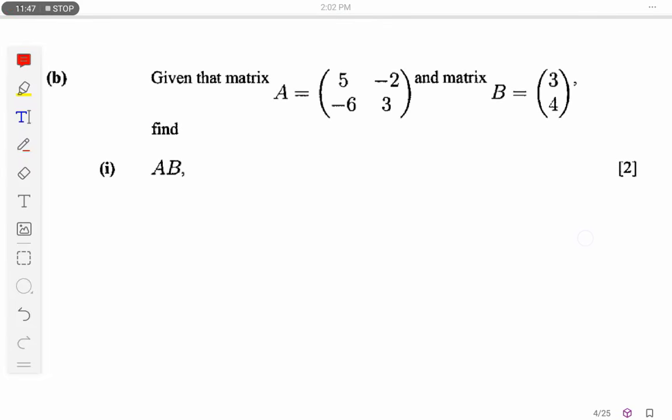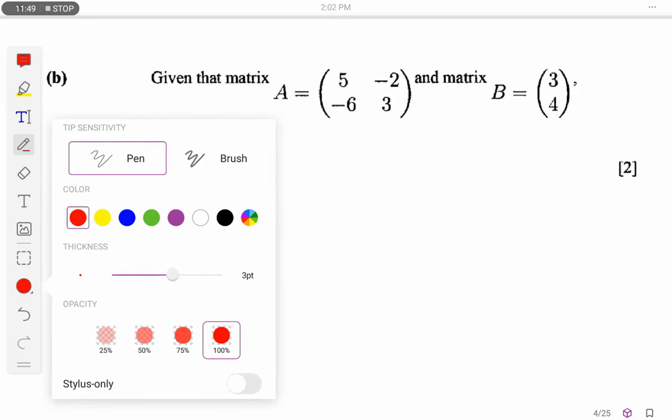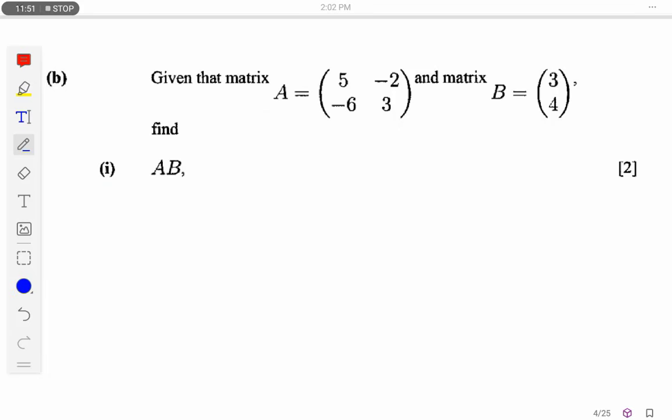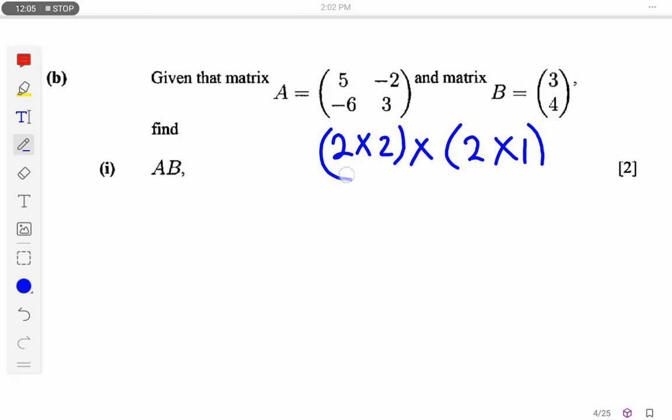Let's move on. Okay, here we are having 2 matrices that are multiplying each other, A and B. So the first thing that we do, we check if we can multiply A and B. This is a 2 by 2 matrix multiplying a 2 by 1 matrix. We're just saying row by column here, okay? So you find out here we have a 2 by 2, so we can multiply.